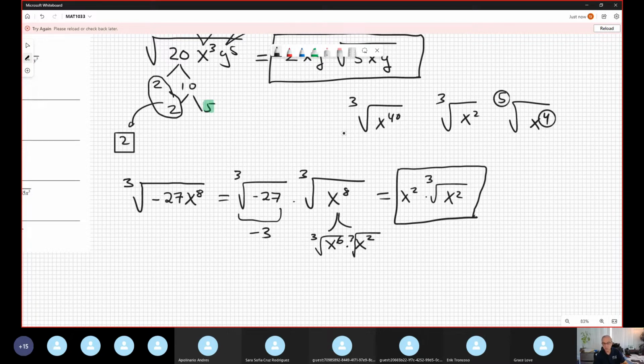The minimum exponent we need to simplify a cubic root is 3. So with 4, yes, we can simplify. With 6, yes, we can simplify. But in this case, no simplification. Do you understand this idea or no?